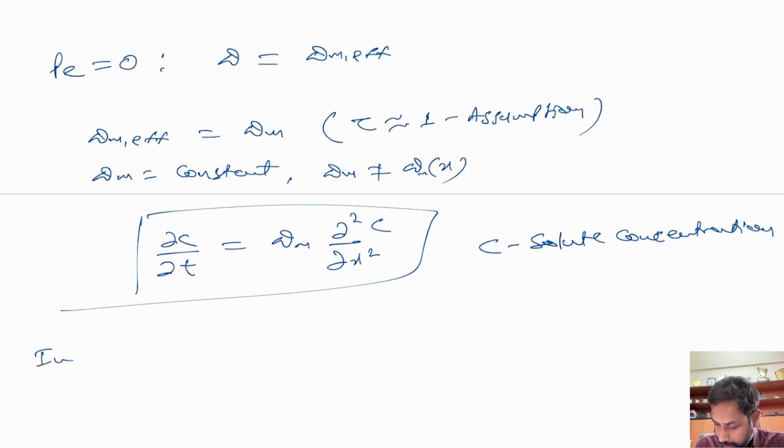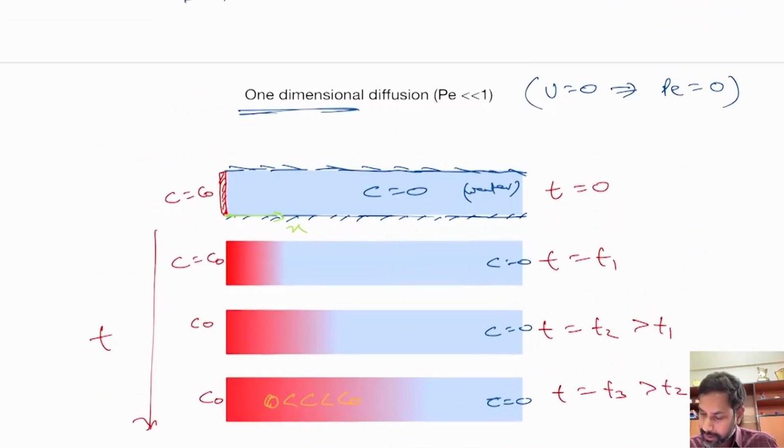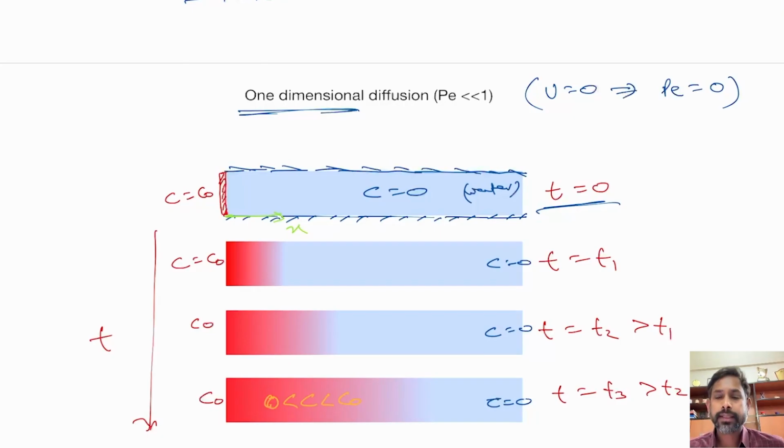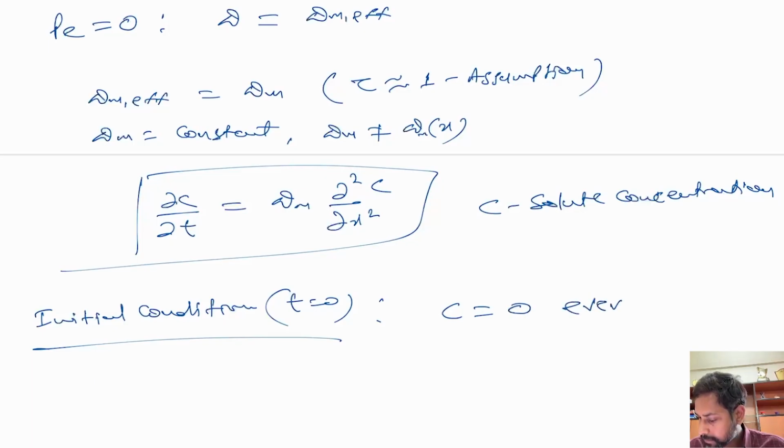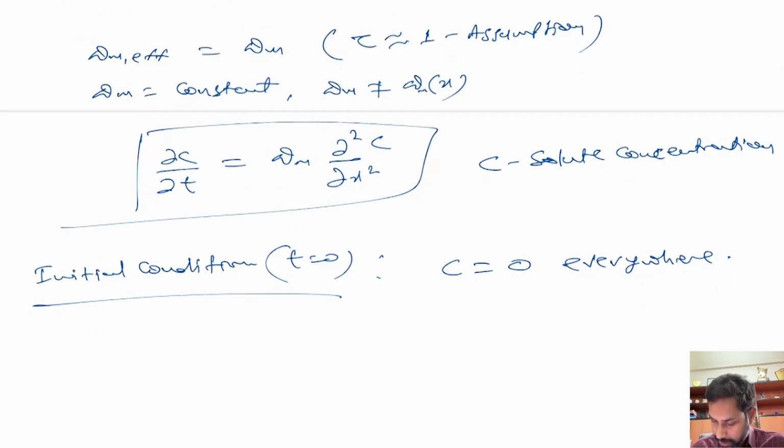And we have an initial condition here. And what is that initial condition? We know that before the flow started at t equal to 0, the concentration is 0 everywhere at all points in x. And that is why the initial condition, which basically means at time t equal to 0, says that c equal to 0 everywhere. Okay, that is the initial condition. And then we have boundary conditions.